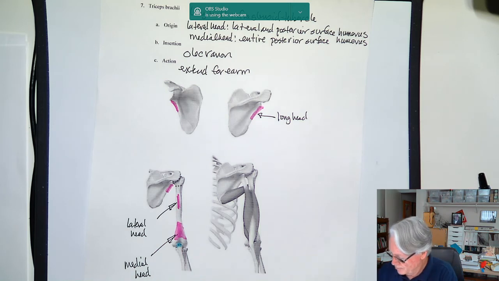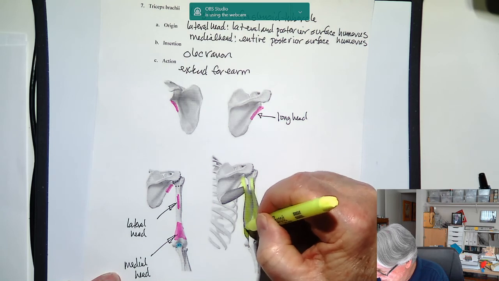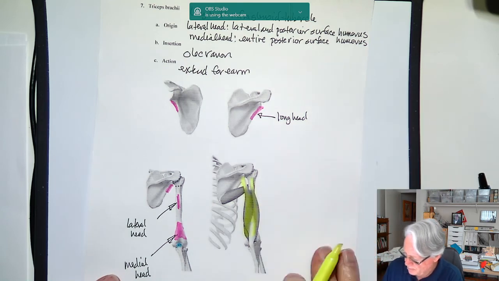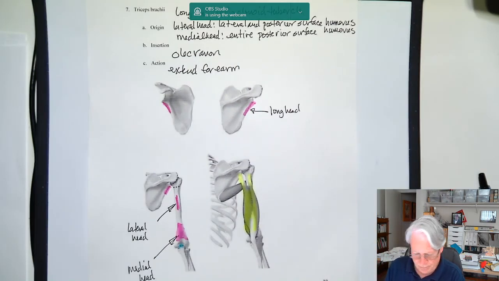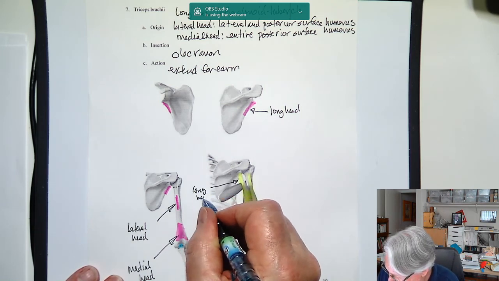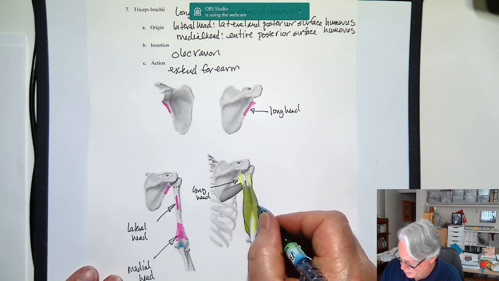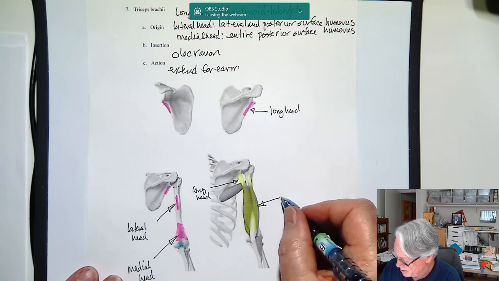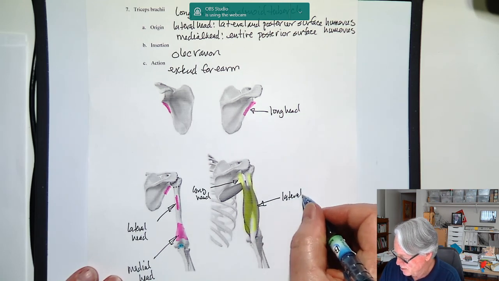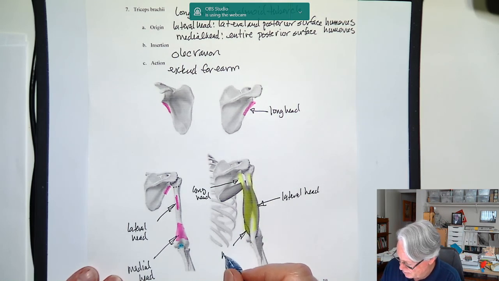And our muscle. So this is long head. This is going to be our lateral head. And that is our medial head.